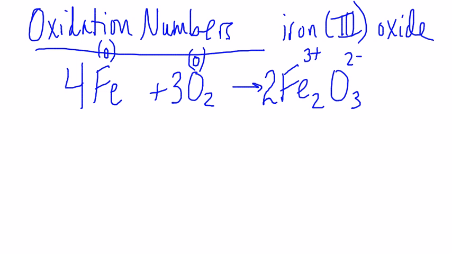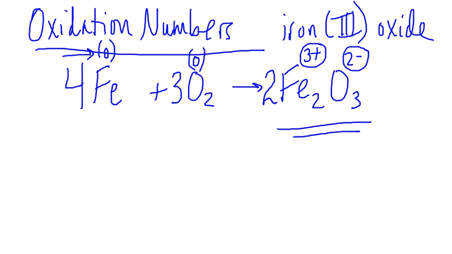The oxidation number is what I've pointed out here above. For an element that is charged, or for an ion, the oxidation number is the charge of that ion. Clearly in the case on the right, in the iron 3 oxide, we have an ionic compound.